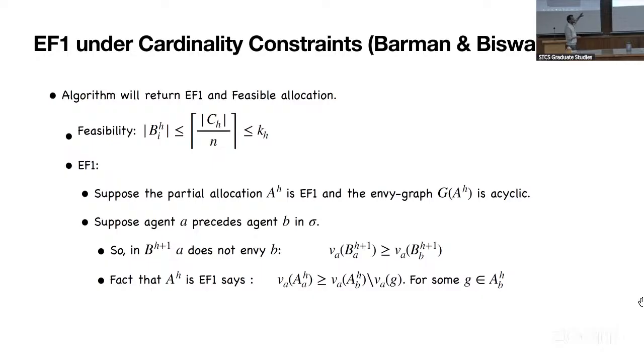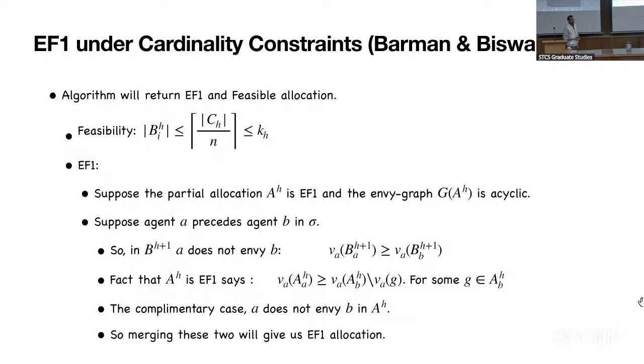So merging these two allocations will give us EF1. And looking the opposite way, if B precedes A, then A will not envy in the partial allocation, and A may envy in the round robin allocation, but merging will stop the envy. So this allocation will be EF1.